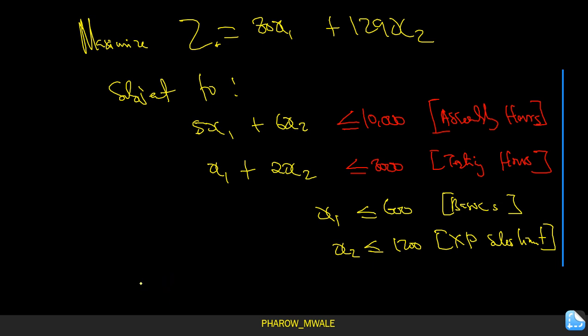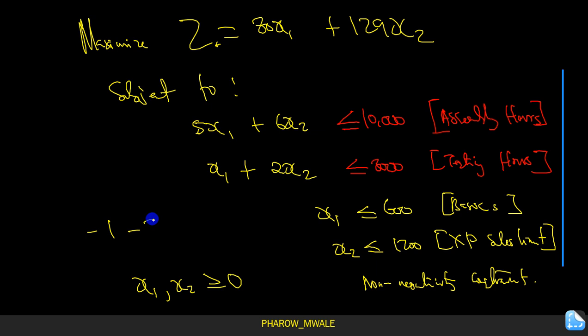Please don't forget this. It is x1, x2 greater than or equal to 0. This is the non-negativity constraint. It means it is not possible to produce negative 1, negative 2, or negative whatever number of XPs and basic computers.